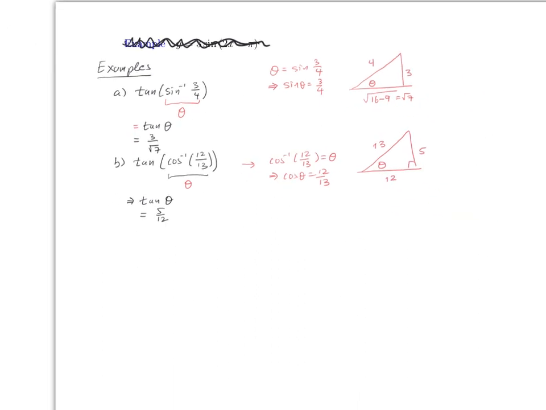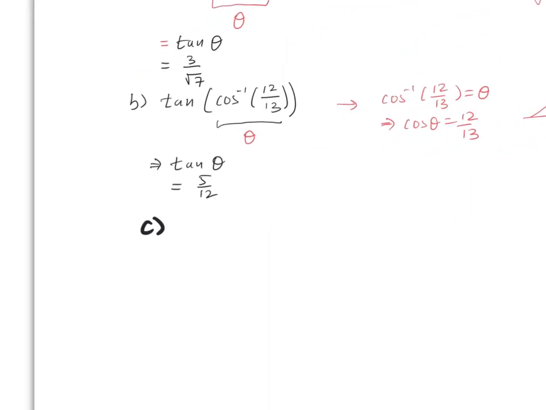Okay, so now let me use the same triangle. And let's say I change the question to this, using the same triangle. The question is to find sine of cosine inverse of 12 over 13. Notice that this part is the same, so you still end up with the same triangle.